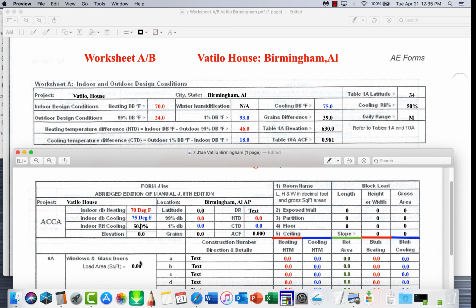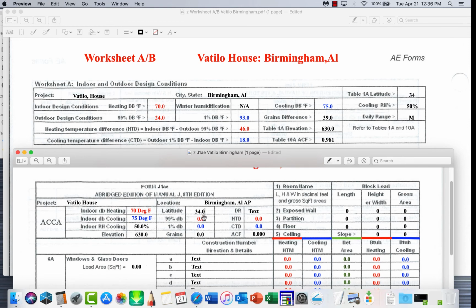Okay, our elevation is 630 feet right here, so this number here will go right here, 630 feet. Okay, our latitude is right here, 34, goes right here, 34 degrees north. You can put north on there if you wanted to. Daily range is right here, it's medium, so daily range will go right here.